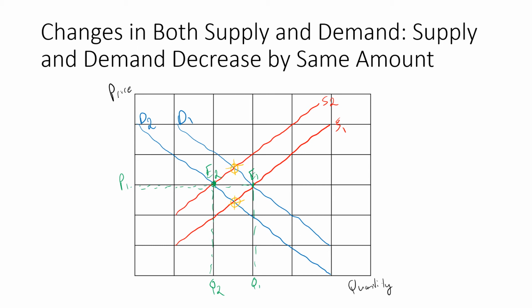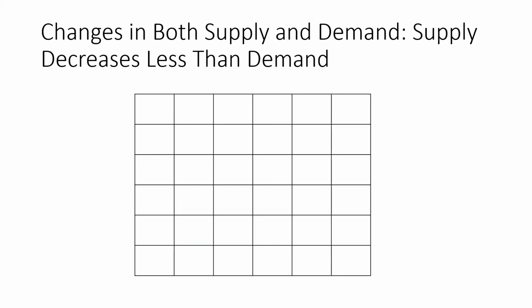So let's try what happens when supply decreases less than demand. Again, we're going to draw some initial demand and supply curves. So here's our beginning demand, demand 1. And here's our beginning supply, supply 1.